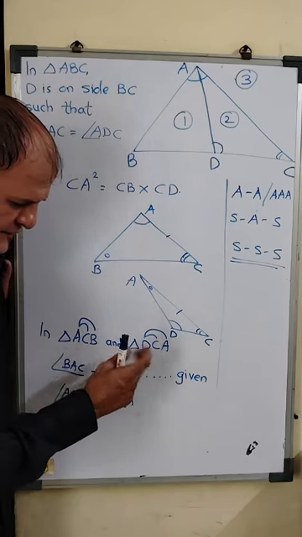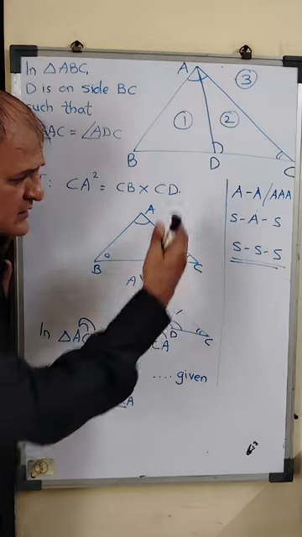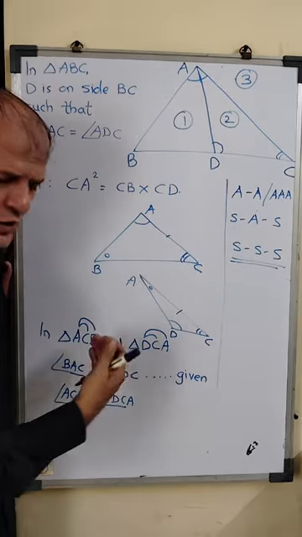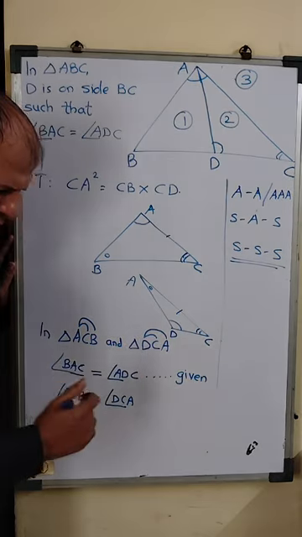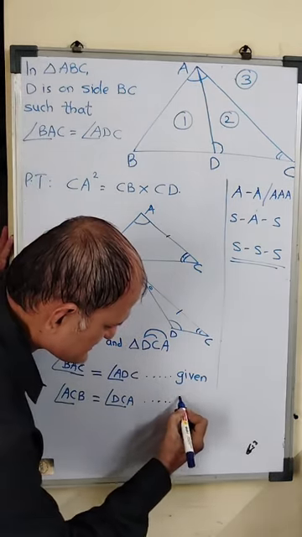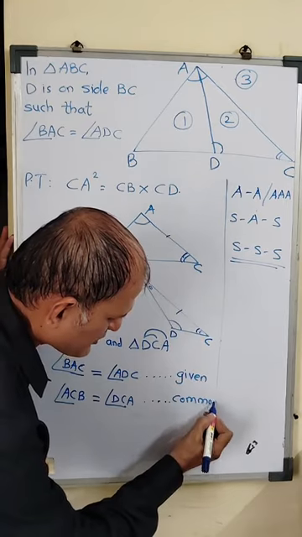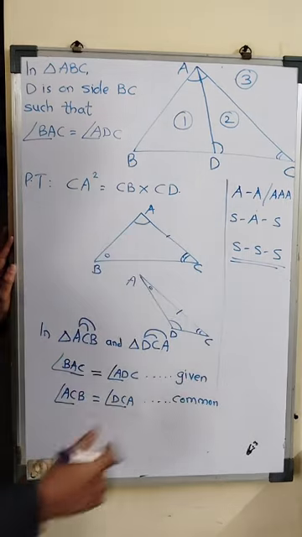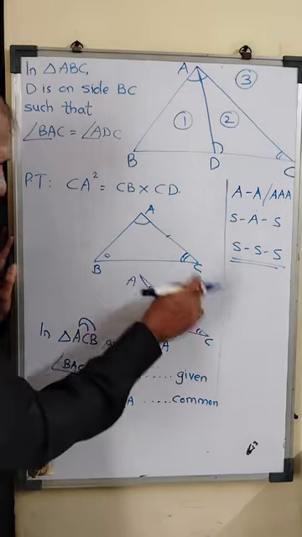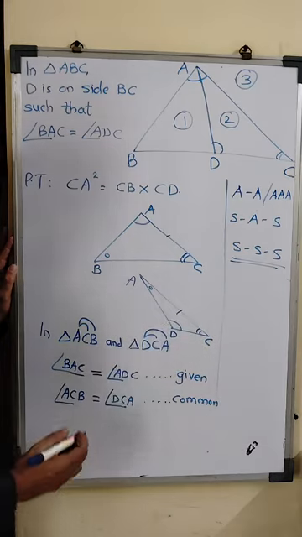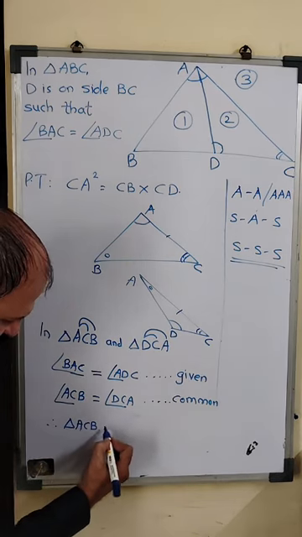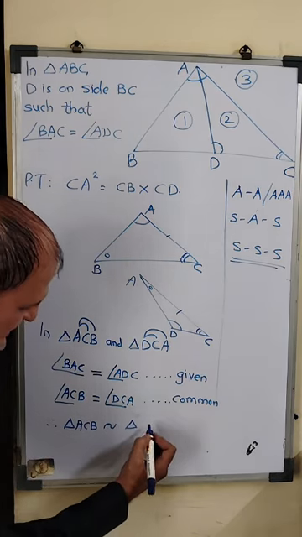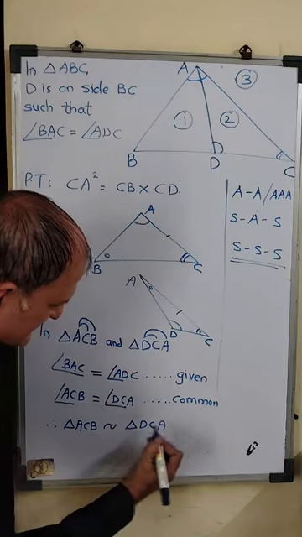We have to name it as per the given information, or we can say whichever angles are equal, accordingly you name them. Okay, so why these two angles are equal? Because they are common. Means that same angle is common to both the triangles. Only one angle is there which is common. Okay, so therefore I can say, therefore triangle ACB is similar to triangle DCA.